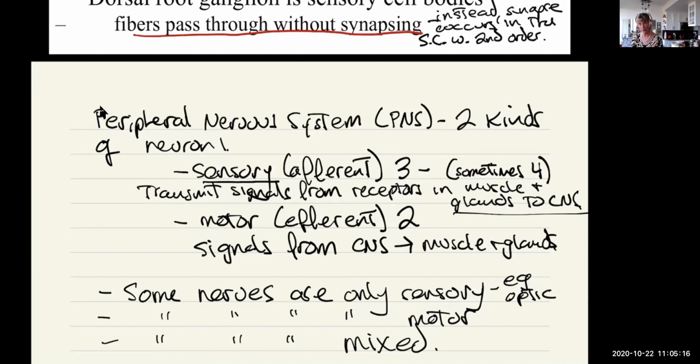And the third order neuron goes from the thalamus to the cerebral cortex. So it's just the number of neurons that occur in a series transmitting a signal from the body or gland to the cerebral cortex. So that's a really good question. And motor neurons have 2. One goes from the cerebral cortex to the spinal cord, and then the second one extends from the spinal cord to somewhere in the body.